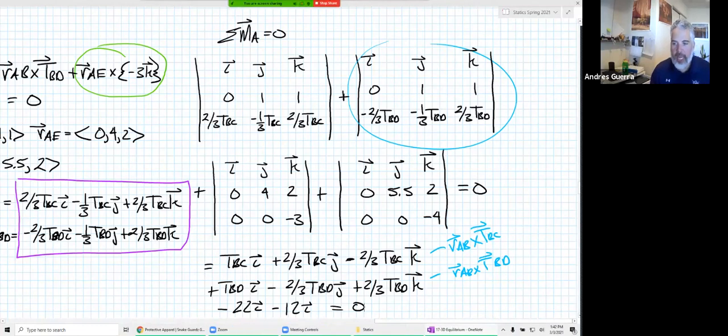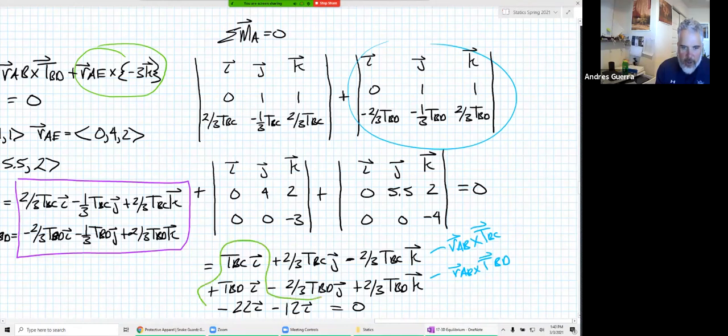Now, we identified earlier in our roadmap, what are we doing? We did all these cross products, but what are we doing? Oh yeah, we want to do sum of moments about A in the x and sum of moments about A in the y. Take a look at our vectors here, the most recent thing we wrote down.